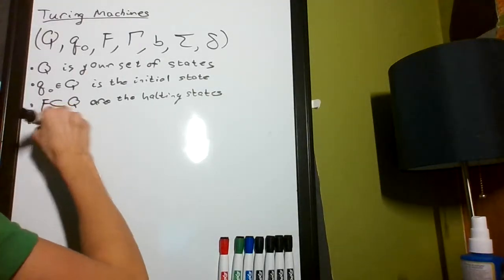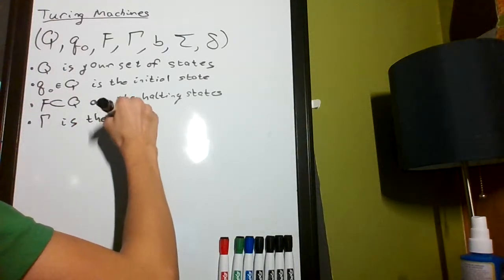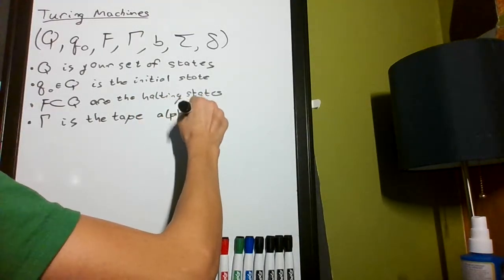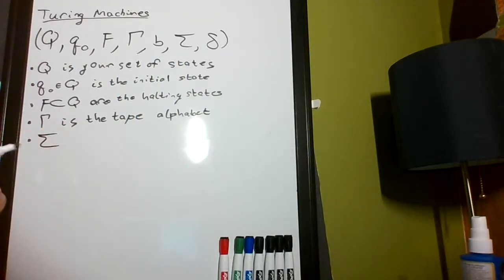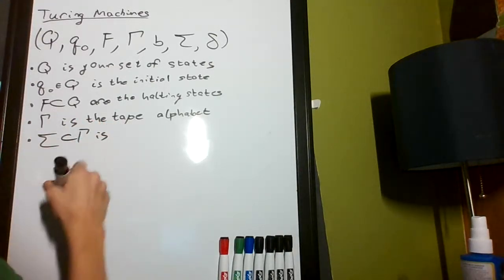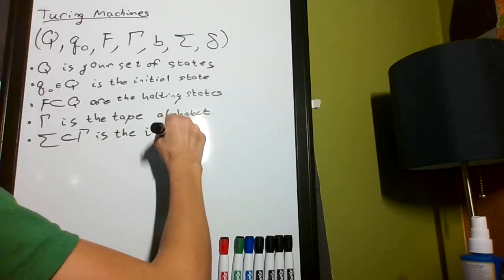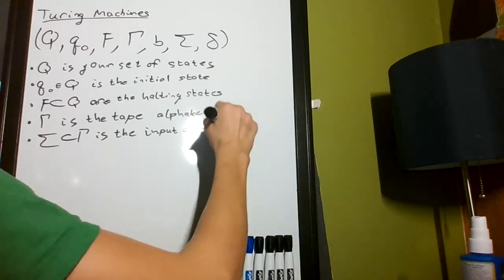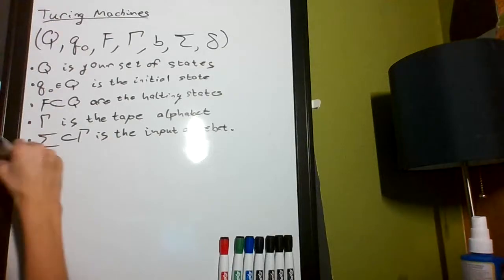Gamma is the tape alphabet, the things that you can have on the tape. Sigma, a subset of gamma, is the input alphabet, basically meaning the things you're allowed to have on the tape at the start.